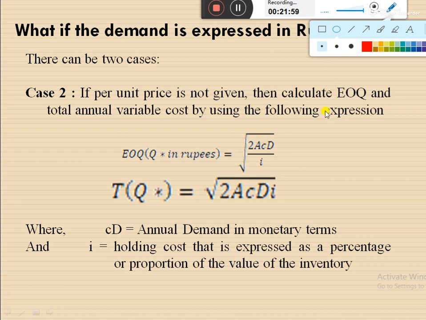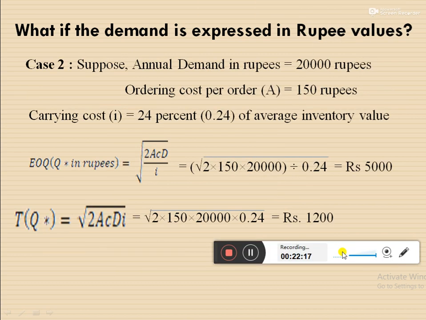In this situation, we can calculate total annual variable cost by applying this formula, that is square root of 2ACDI, where CD denotes the annual demand in monetary terms and I denotes the holding cost in percentage terms. Let's have an example of it.